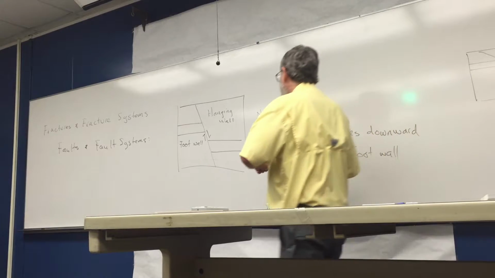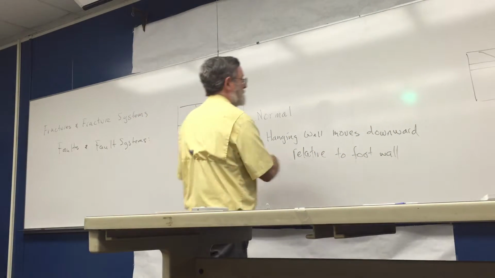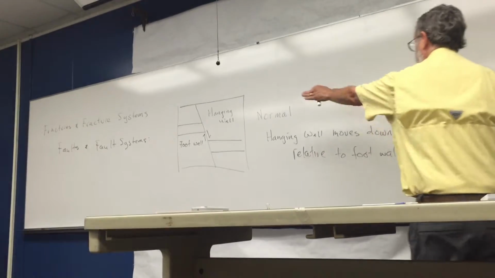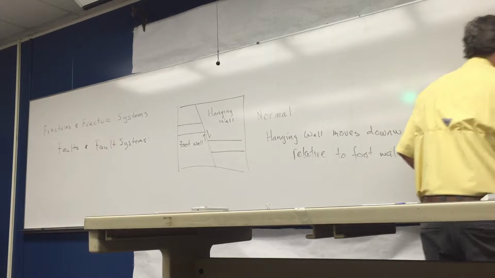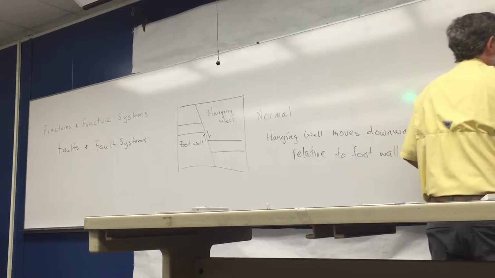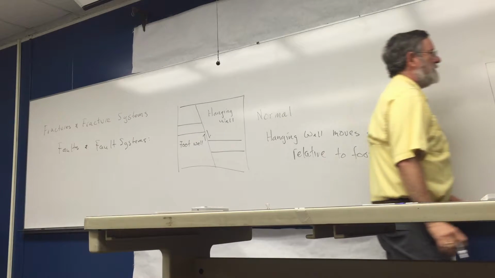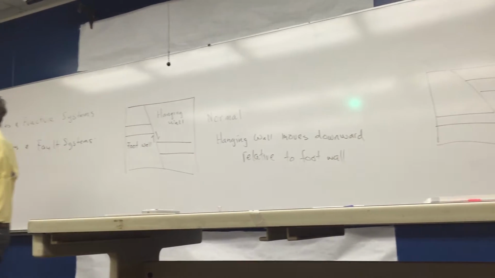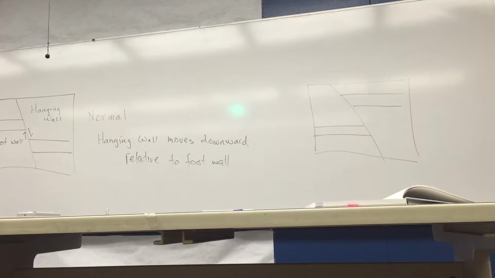If we go just the opposite, so let's draw a fault similar to this. In this case, relatively, which way did the hanging wall move relative to the foot wall?